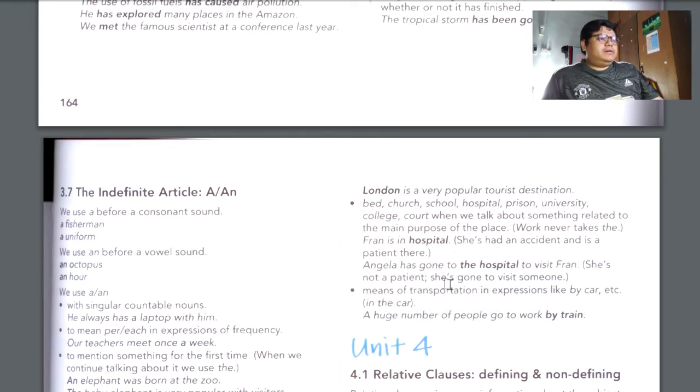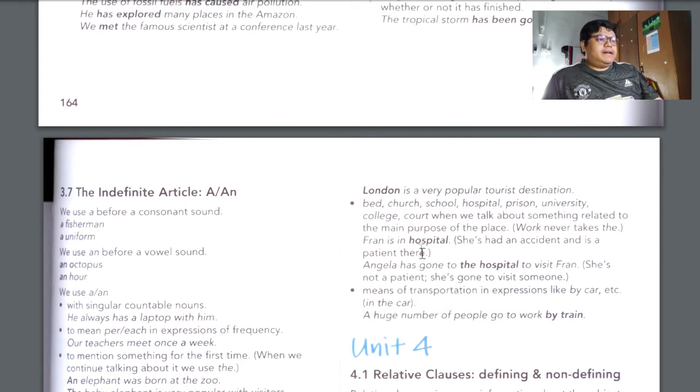Okay, kat sini contoh, friend is in hospital, she's had an accident and is a patient there. Angela, okay, awak kena faham kat sini kenapa dekat hospital yang kat atas ni dia tak pakai the, tapi yang kat bawah ni dia ada letak the.